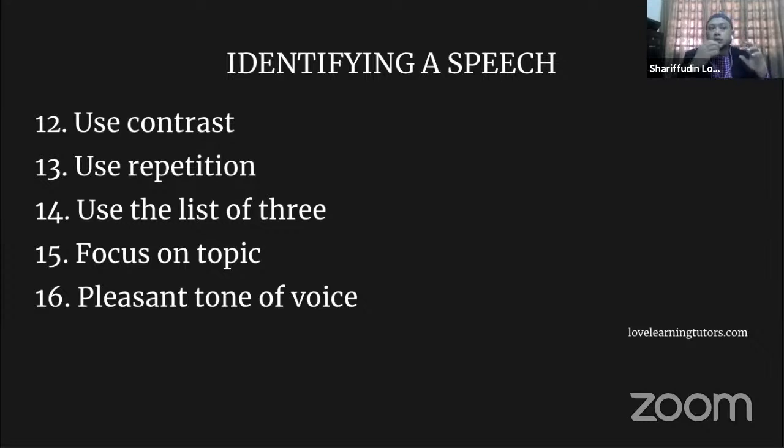So when we have a contrast, again the example is the bicycle. This bicycle is much better. I prefer this one because, as compared to the other bike, why don't we use this one?